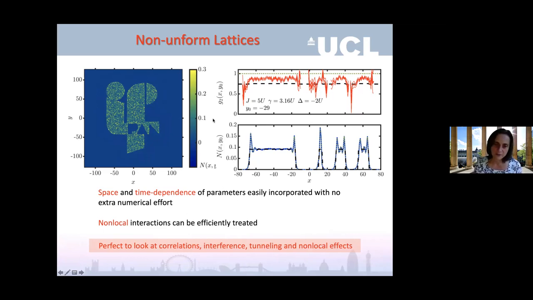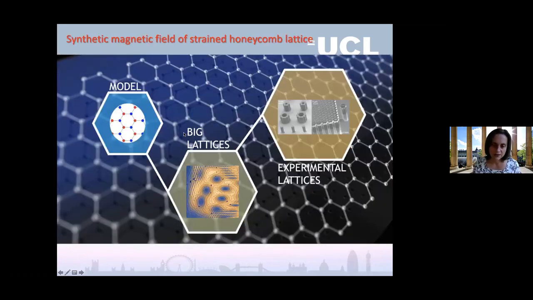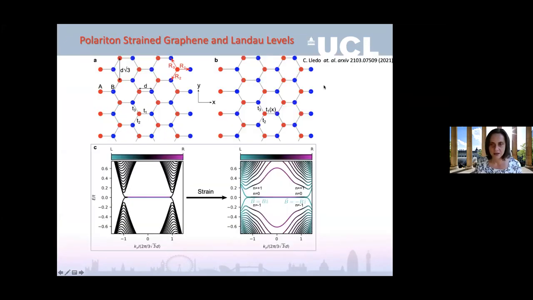Motivated by this, we are now looking at realizing a fractional quantum Hall effect with polariton lattices. This is work which we submitted with Cristobal recently, taking polariton micropillars, but arranging them with distances between micropillars which grow linearly or decay linearly in space.